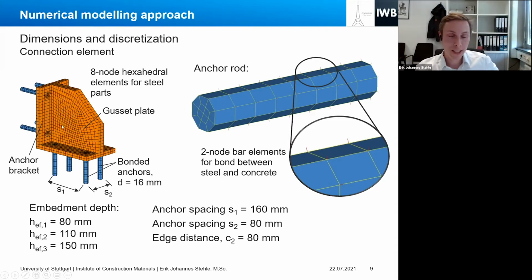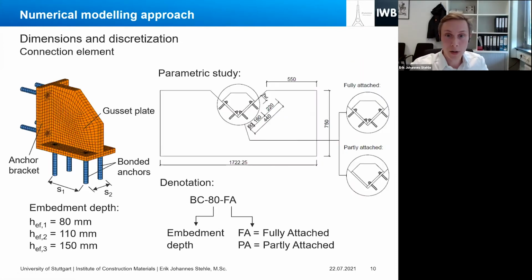As we can see here, and as I already mentioned before, we can describe the complete connection as 2 separate anchor groups, one anchor group here with 4 anchors and one anchor group here with 4 anchors. Therefore, besides the variation of the embedment depths, I also performed simulations where only one of these anchor groups was attached to the concrete specimen.